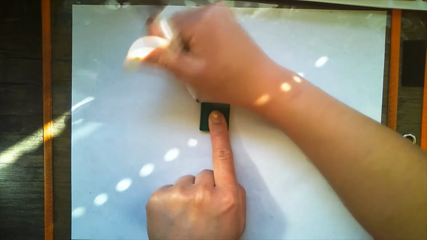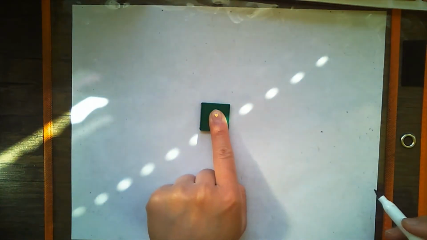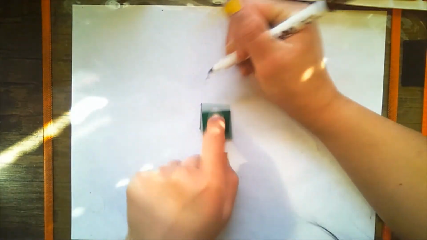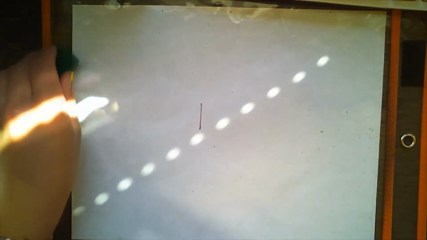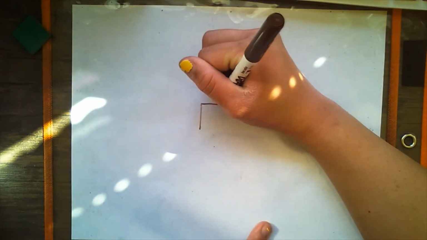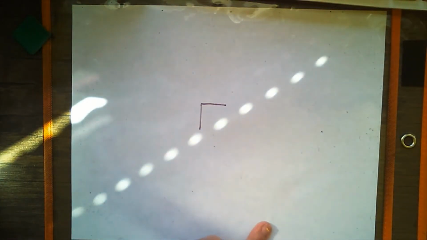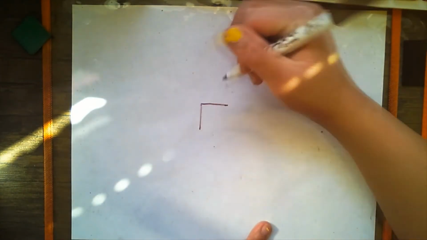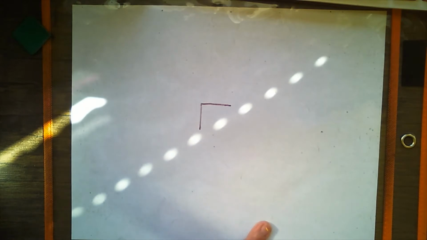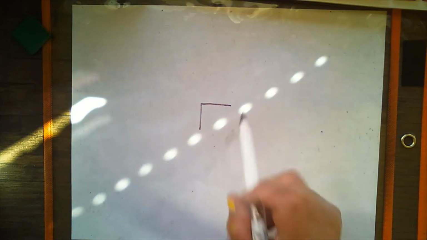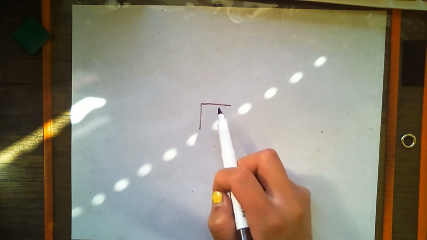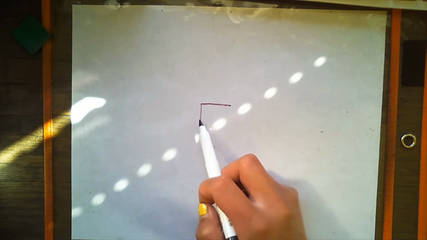Just like that. Great. Now I'm going to take that out, and then I'm going to go ahead and draw the next one across. Is the length of the line that we just drew about the same length as the first one?